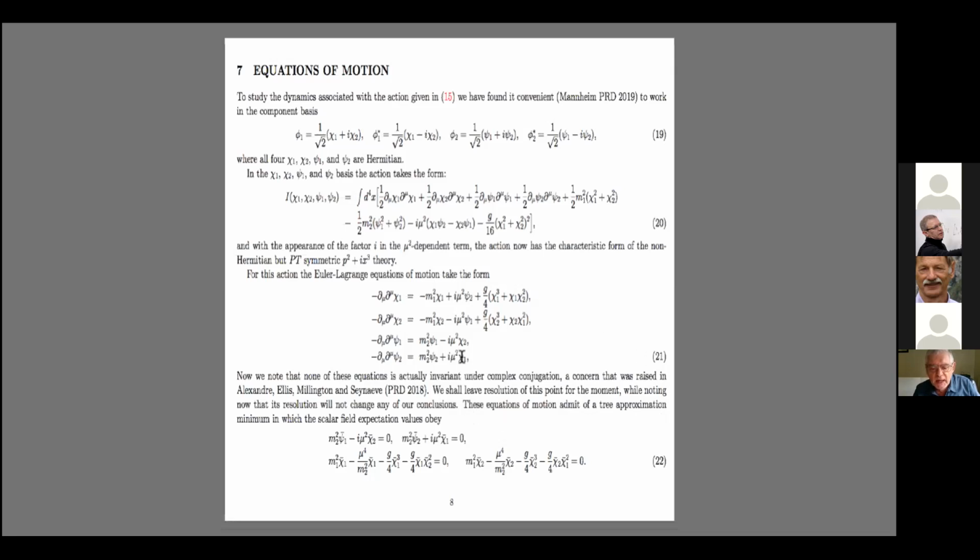And now we do the standard thing for broken symmetry. We look for a tree approximation minimum where all of these functions with the bar are constant, and we define that as the minimum.